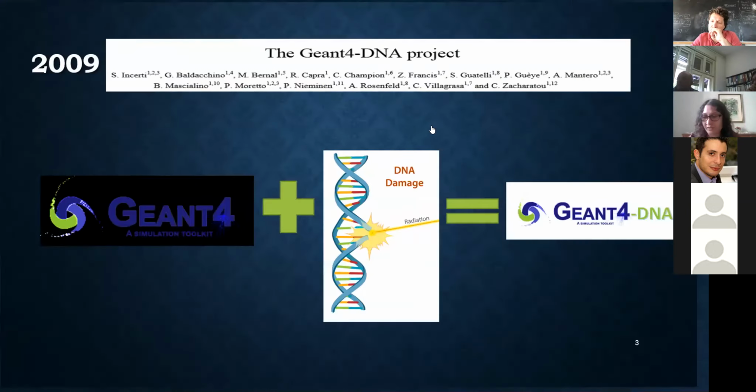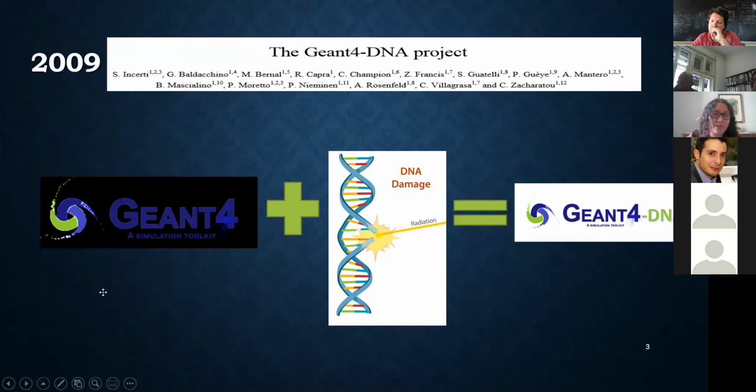To begin, in 2009 we have the first article. It's called the Geant4-DNA project, basically presenting what Geant4-DNA is. As the professor said, we already know that we have a toolkit called Geant4, a simulation toolkit using high energy physics for the simulation of particles and matter, the interaction of particles with matter.